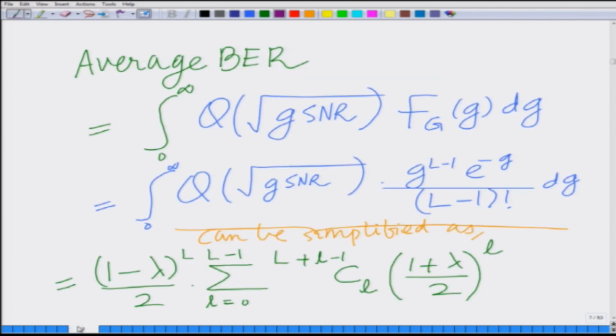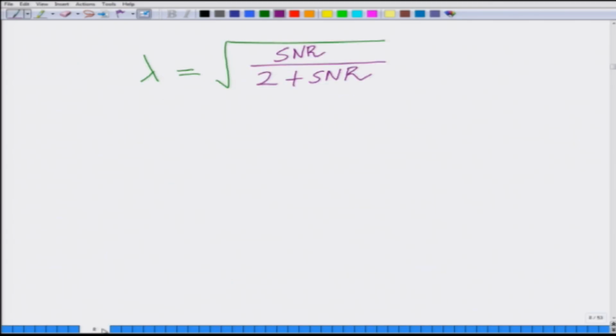So what we are saying is, if we average this expression Q of square root of G times SNR with respect to the probability density function of this gain G, which is norm of h bar squared, we derive the following expression, written in terms of lambda, and lambda itself is defined as square root of SNR divided by 2 plus SNR.